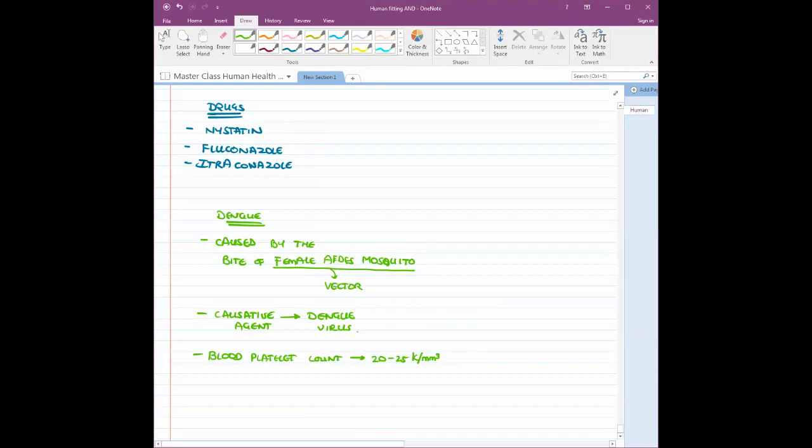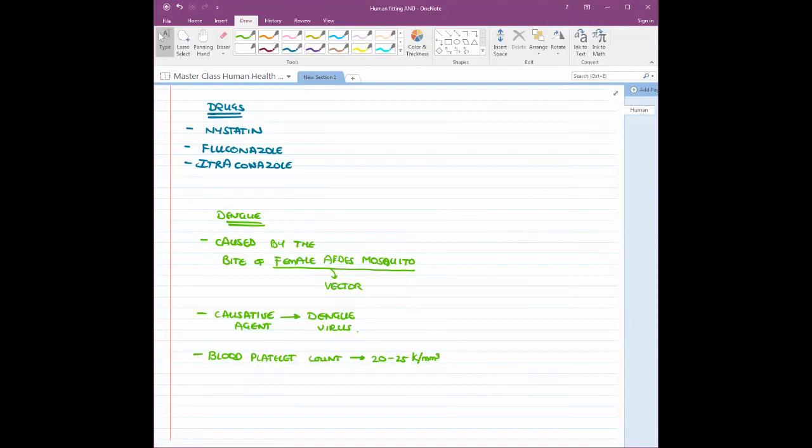From 2 to 5 lakh to 20 to 25,000 is a sudden degradation in the numbers. At this level your blood will no longer clot, and this is the time when you see deaths.